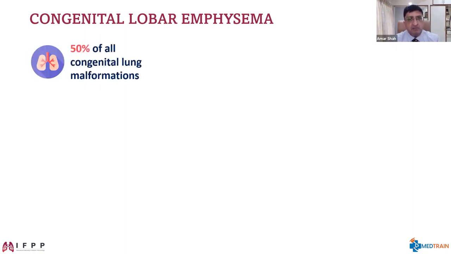Coming to the next anomaly, which is congenital lobar emphysema, or CLE. This is very commonly seen and forms almost 50% of all congenital lung malformations. Here, there is a progressive over-distension of a lobe of the lung.